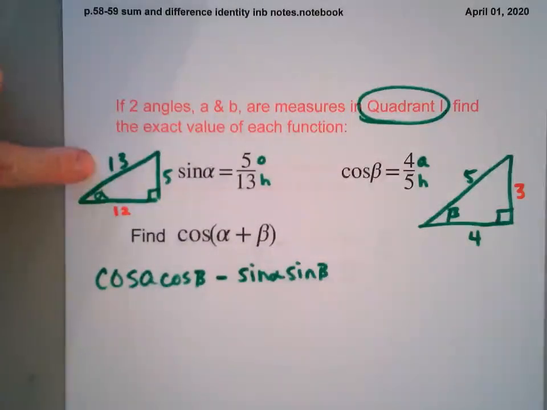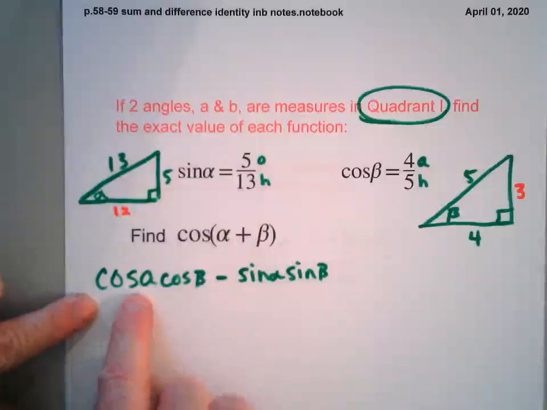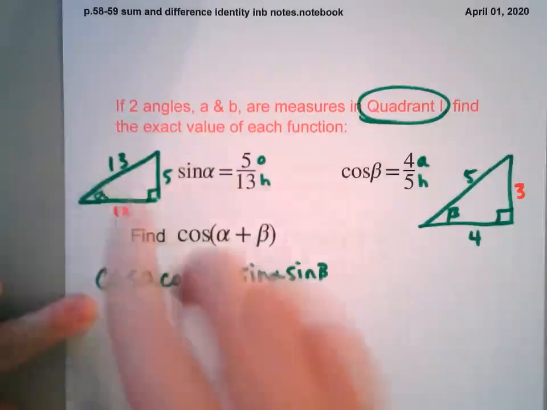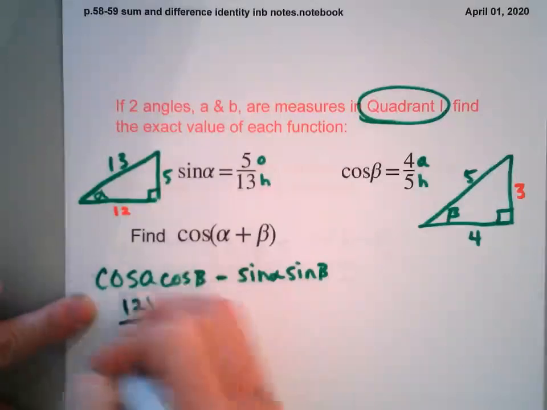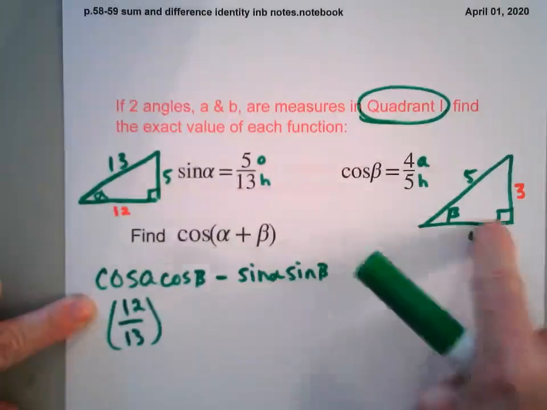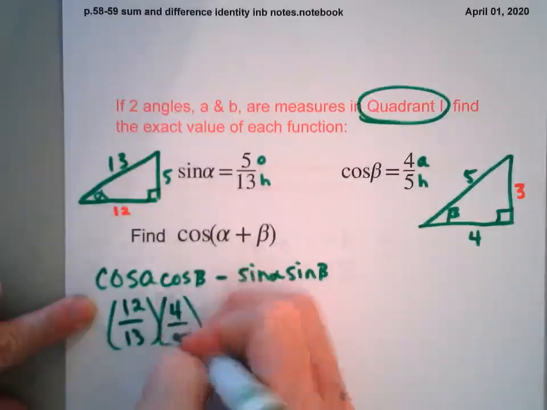We have our alpha triangle, have our beta triangle, and that's where we're going to get our information to finish this problem. So the cosine of alpha right here, it's going to be 12 over 13. Cosine of beta, the beta triangle, it's going to be 4/5.